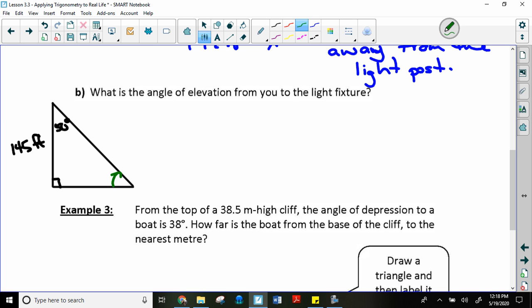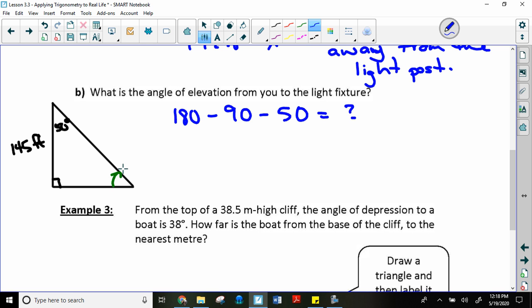How much do all of the angles in a triangle add up to? 180 degrees. So if we take 180 and we take away the 90 and then we also take away the 50, we're going to find out how much this angle of elevation is.